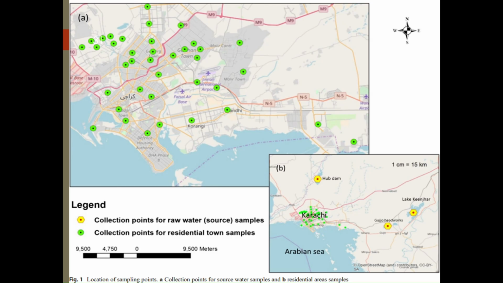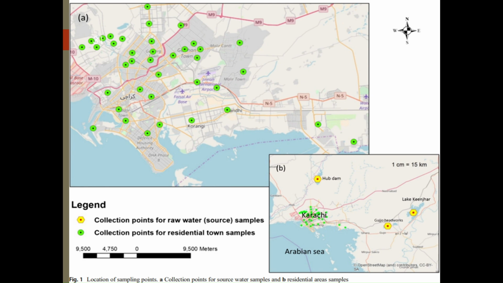It was the first metagenomic study of the drinking water being supplied in Karachi. We collected water samples from 20 different places and from the sources of Karachi water, that is Keenjhar Lake and Hub Dam.